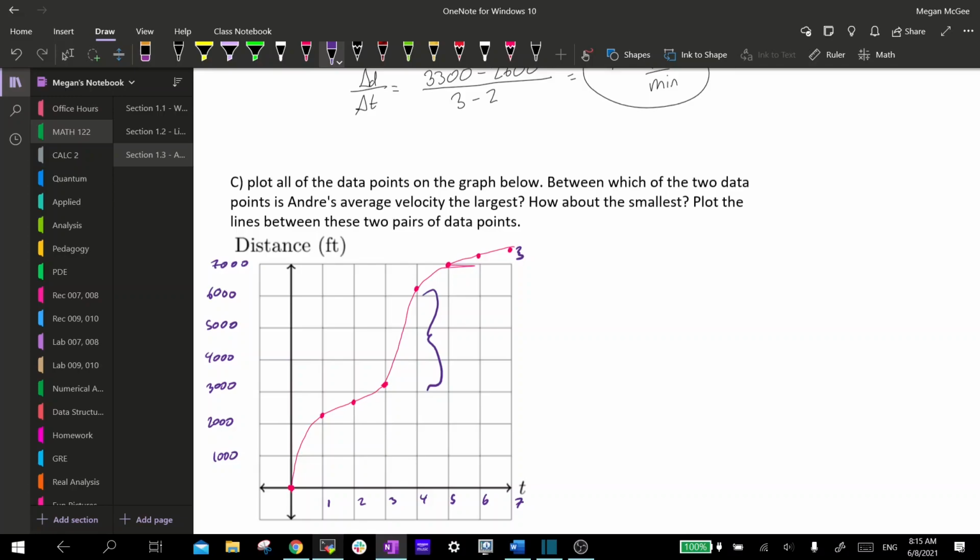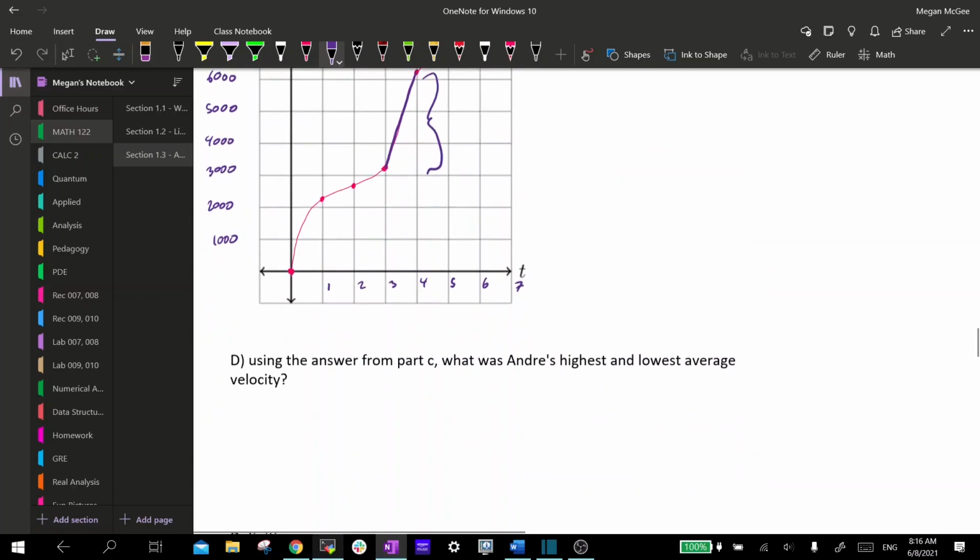So then we're asked to plot the lines between these two pairs of data points. So we've connected all of them with a nice smooth curve, okay? But now we need a straight line, because remember, if we want to find the average rate of change, well, that's the slope of those straight lines, okay?